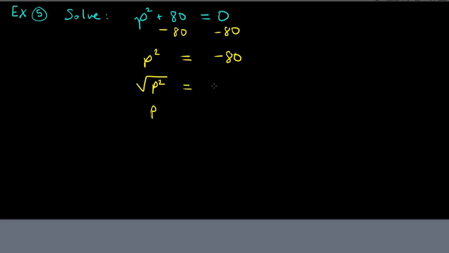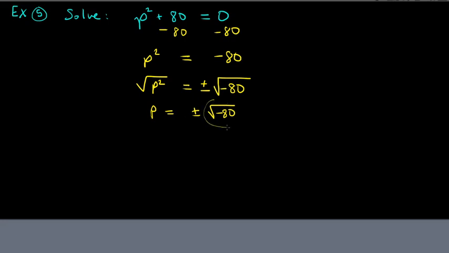And so you got to do the same thing to the right side. You take the square root of -80. Don't forget plus or minus. Always plus or minus whenever you take the square root. So again, you get two answers here, one positive, one negative.